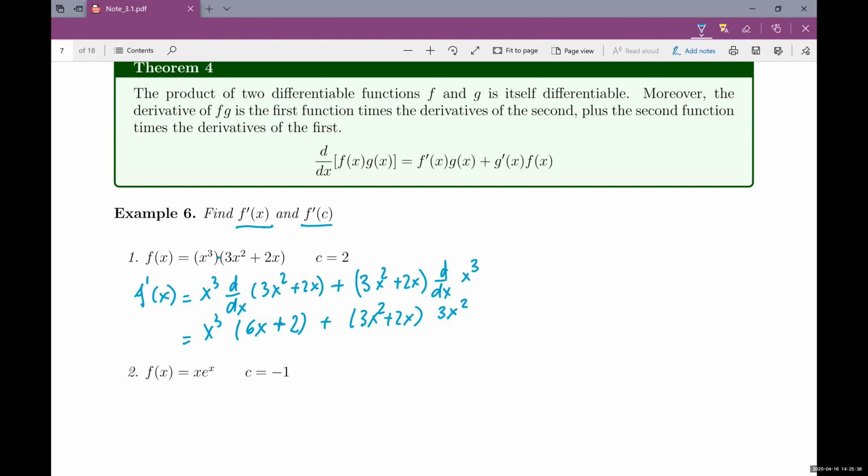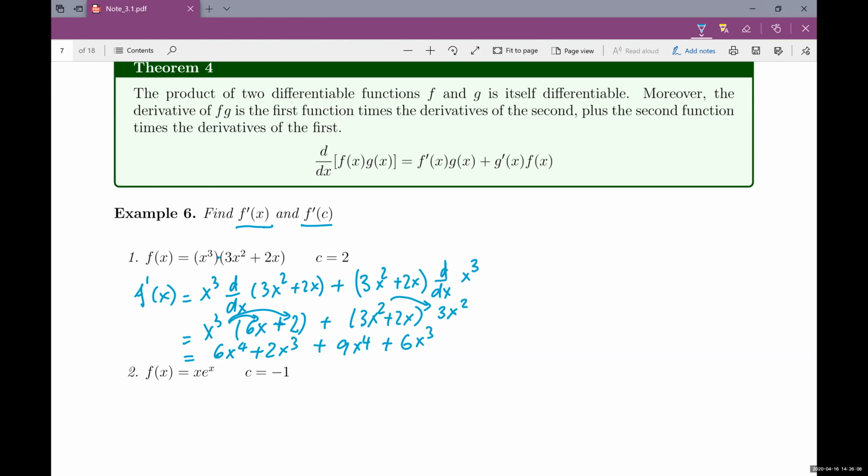And if you want to, you can distribute it out and simplify it. So if I distribute it in here, it gives me 6x to the 4th plus 2x cubed plus 3 times 3 is 9, x squared times x squared is x to the 4th, plus 2 times 3 is 6, x times x squared is x cubed.